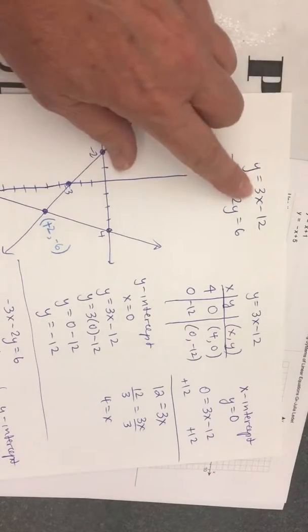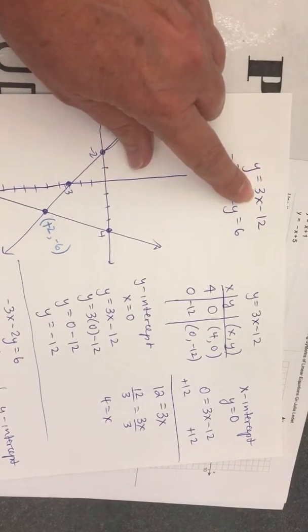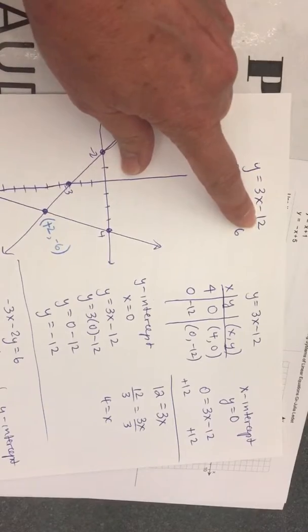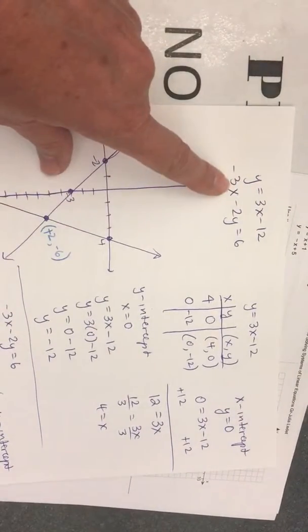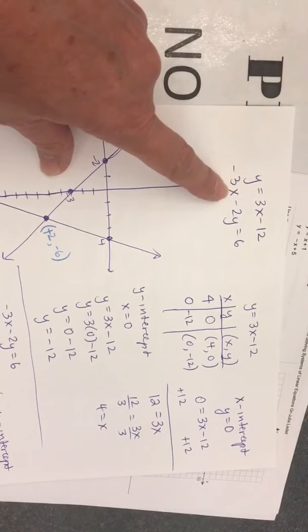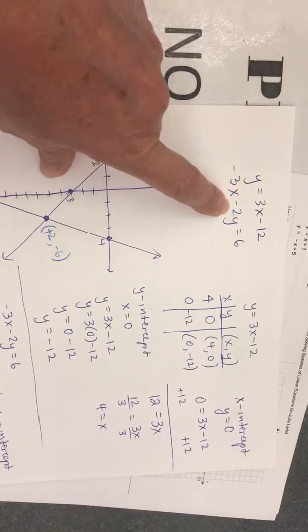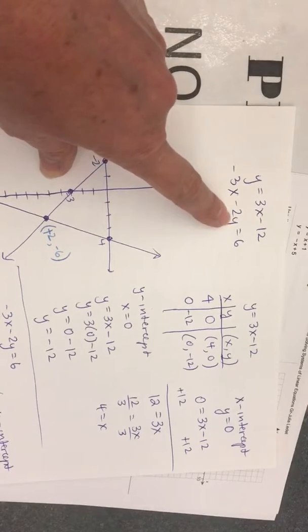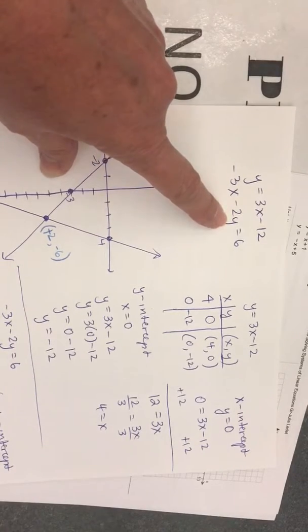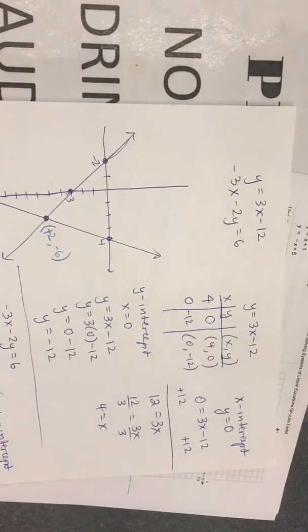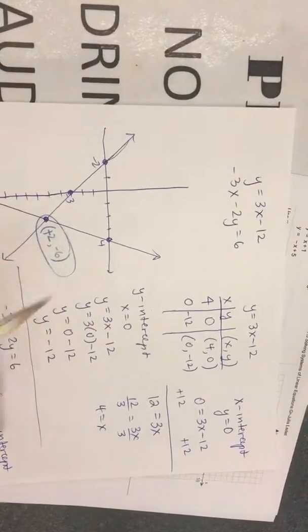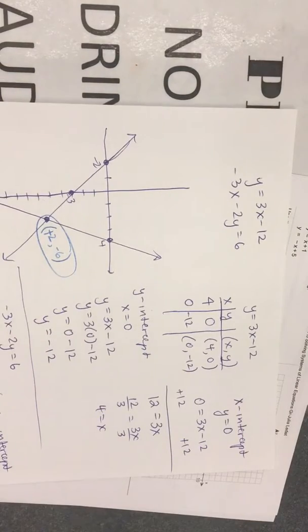So 3 times 2 is 6. 6 minus 12 is negative 6. It works for the first one. Let's look at the second one. Negative 3 times 2 is negative 6. Minus 2 times negative 6, that's going to be a positive 12. Negative 6 plus 12 is 6. That is the point of intersection. 2, negative 6.